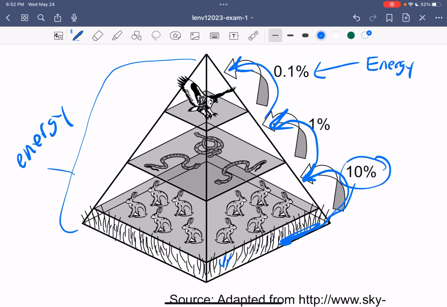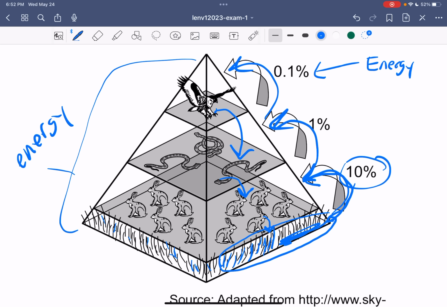These are plants. These are not hairs. They look like hairs. Oh, the person who drew this. But this is grass. The rabbit eats the grass. The snake eats the rabbit. The hawk eats the snake. Okay, no problem. Grass gets the most energy from the sun. This energy is then transferred to the bunnies because they're eating it.